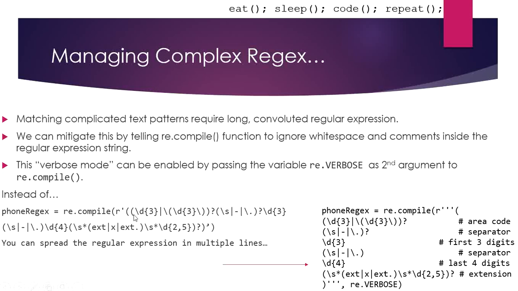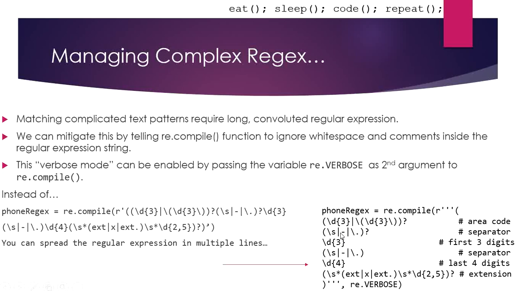Here it's very complicated, what exactly they are saying, I'm not getting it. But here I can say the first part is for the area code, the second part is a separator. The separator can be a hyphen, a full stop, or there may be no separator. So we have this question mark, then 3 digits, then again a separator, which can be a hyphen or a dot, then a 4-digit number.